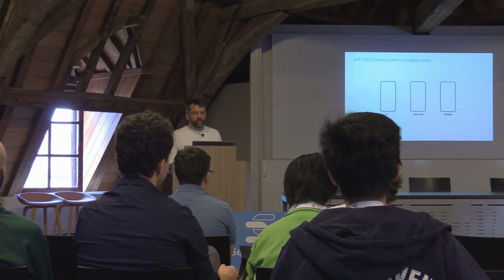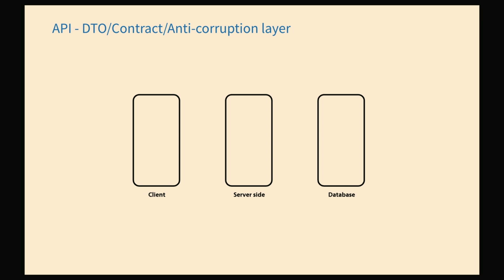So what I like instead is, and here you see the domain-driven security naming pop in, anti-corruption layer, using data transfer objects, using a contract instead of directly exposing our internal objects. So what this would look like is, again, we have this internal data, we read it into a server-side object, and then we copy it over to a specific object that's only intended for the communication, so a data transfer object.